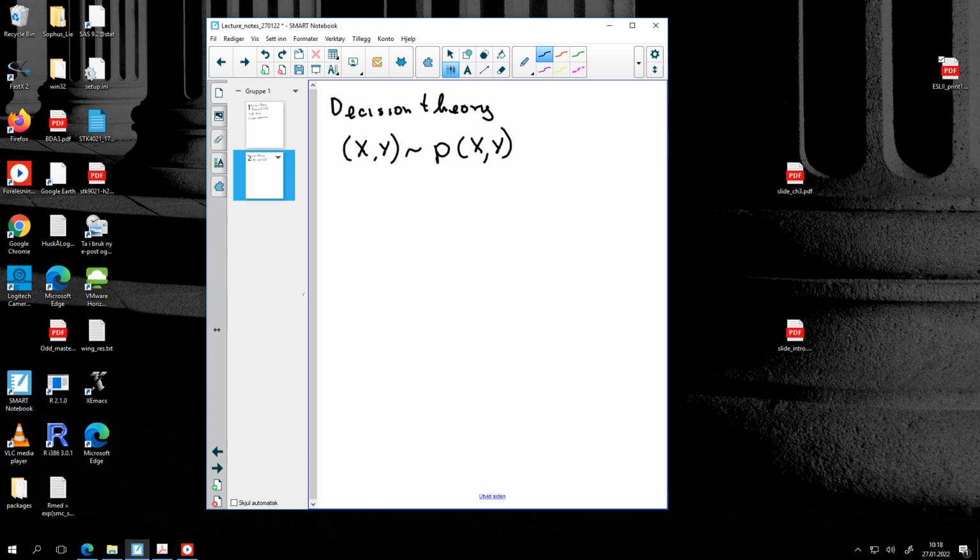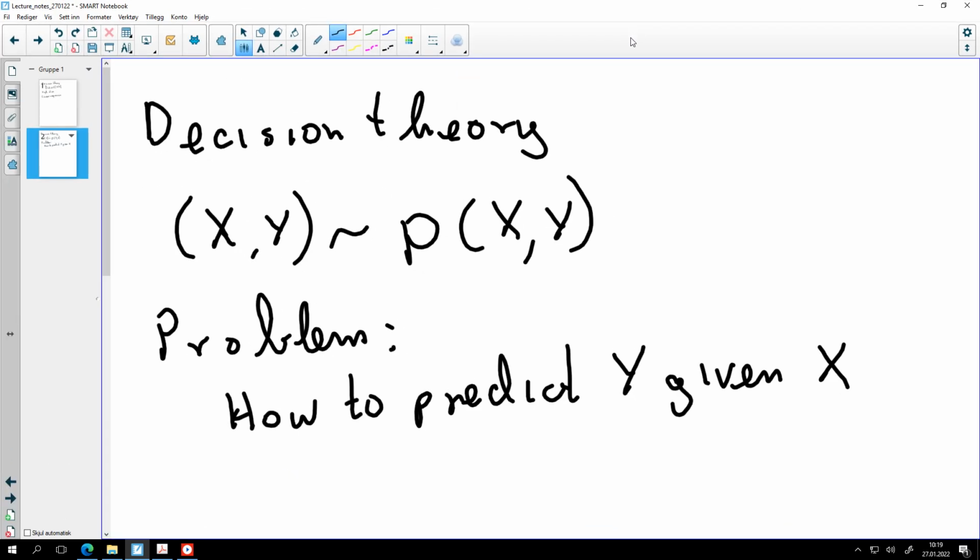In the book, they are doing it a bit more general, but it is sufficient to consider this in a continuous setting. And the problem that we want to consider is then how to predict y given x. So that's the setting that we want to consider.